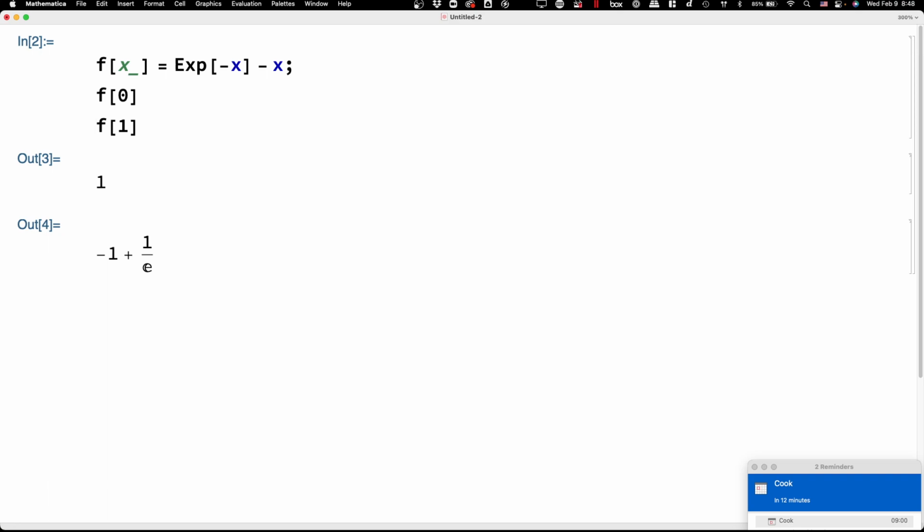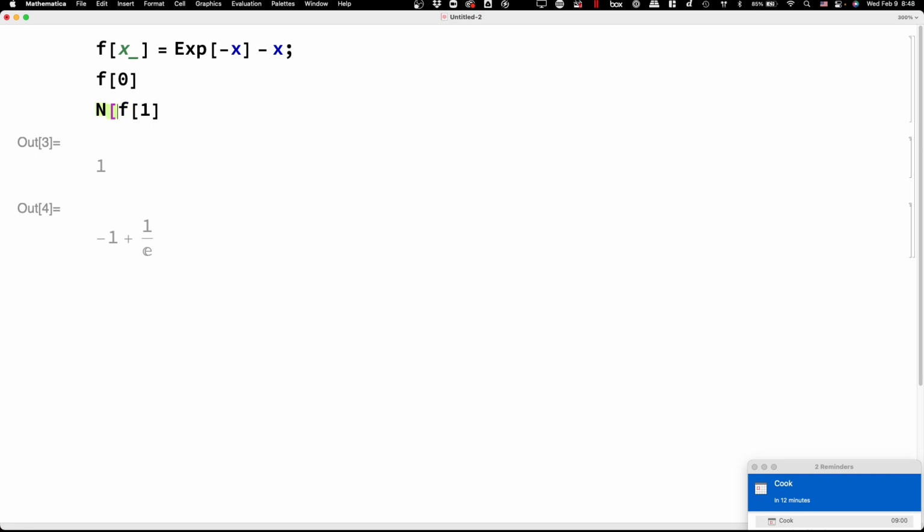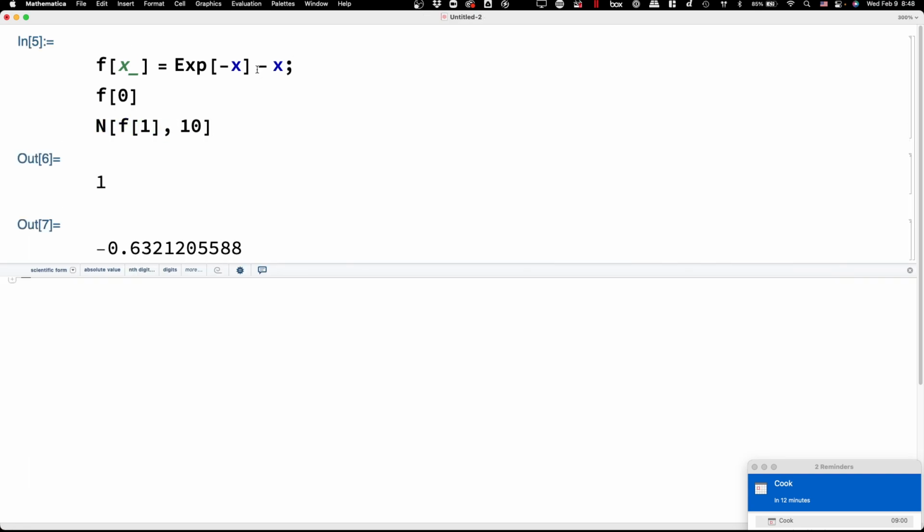So what happens if you divide 1 by 2 point blah blah blah? You get a number less than 1. If you subtract 1 from that, you get a negative quantity. So I know that this quantity is negative, but barring any other fancy arithmetic, I have no clue. So there it is to 10 decimal places.